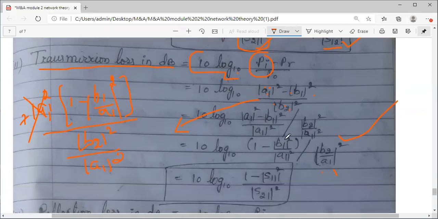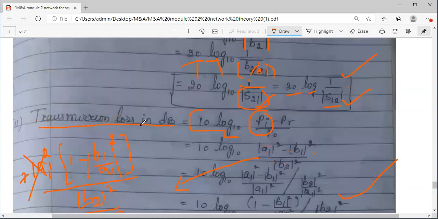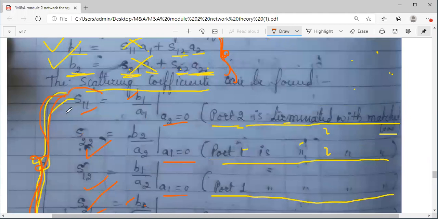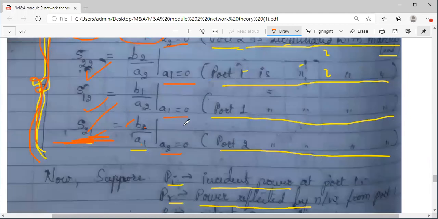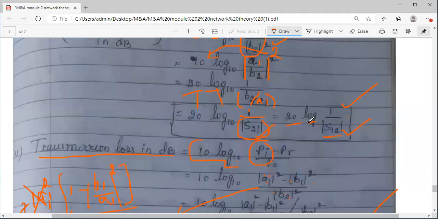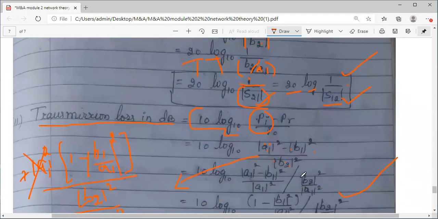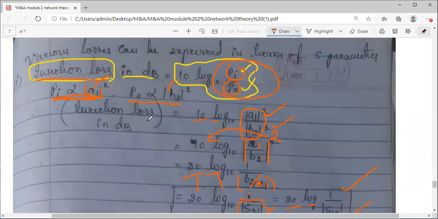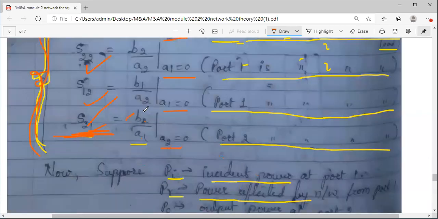So check what is B1 by A1. We have already found the S values. B1 by A1 is S11. See, S11 is B1 by A1, so replace that. And what is B2 by A1? Check. B2 by A1 is S21.